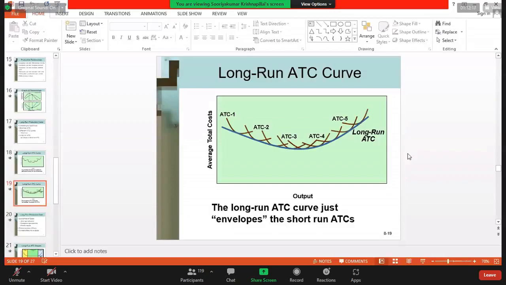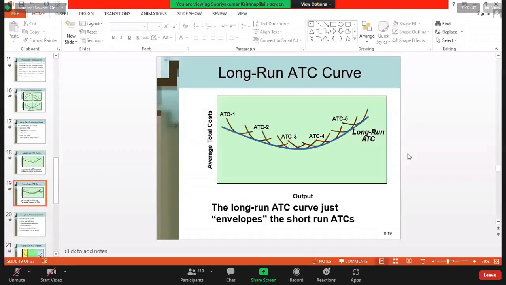So for each output level, you can choose which number of machinery to use to produce at the lowest average cost. So long run average cost is the envelope of short run average cost.